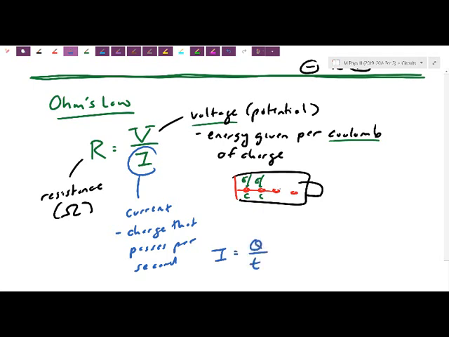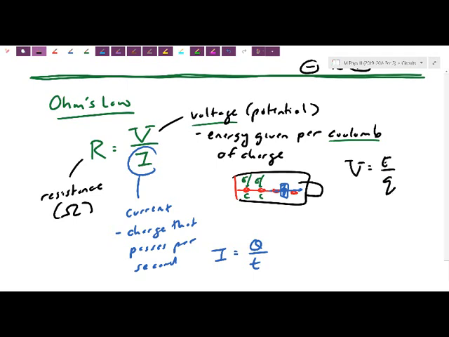It's like setting up a station and measuring how many charges are passing by as I look at my clock, per second. We're going to use the analogy of how fast it goes. It's technically not a speed per se. It really is counting how many charges pass per second, but just for analogy's sake, we're going to use speed. If you want the formula for the other one, voltage is the energy that's given per charge.